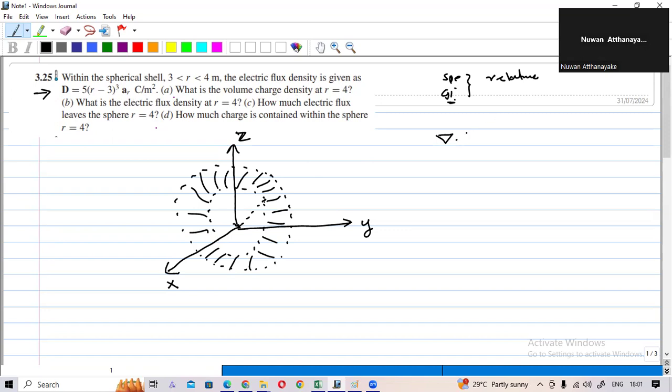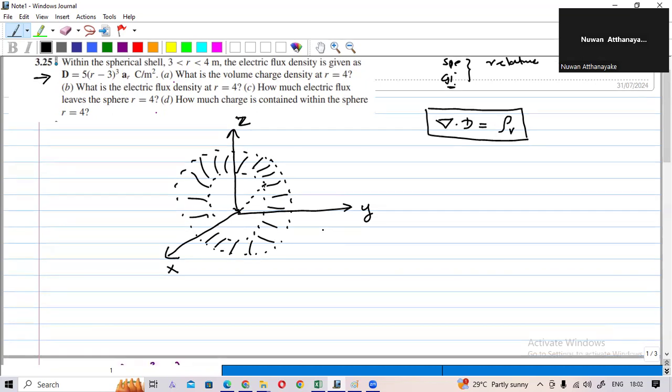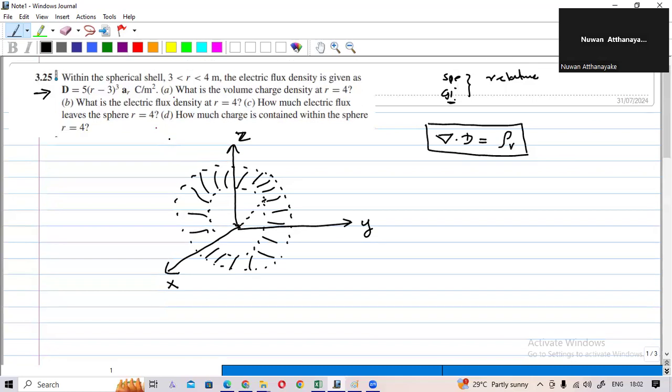Divergence of D is equal to rho V. So this is the Maxwell third equation, and you have to apply this one. What you have to do is simply find the divergence of this D. So you have to use the spherical coordinate divergence.